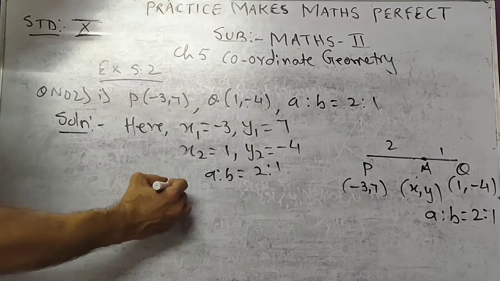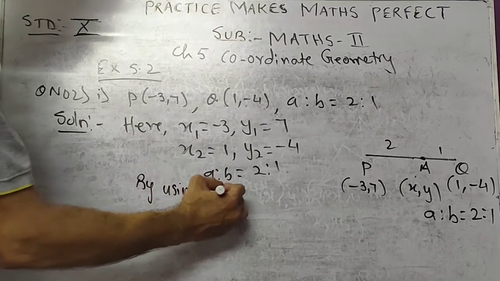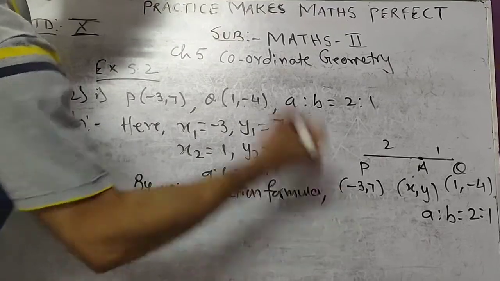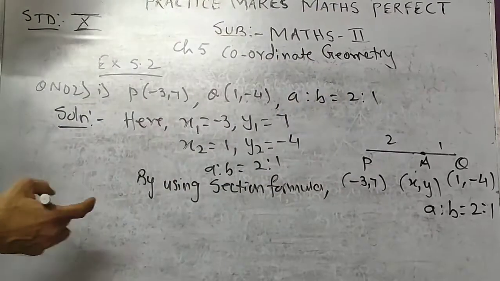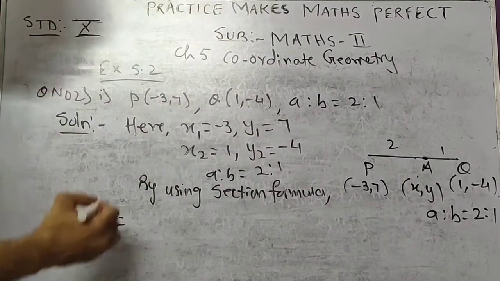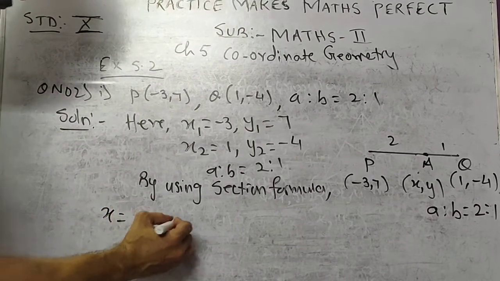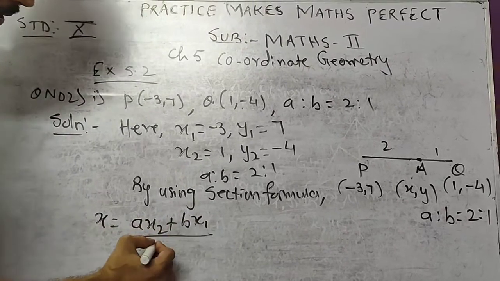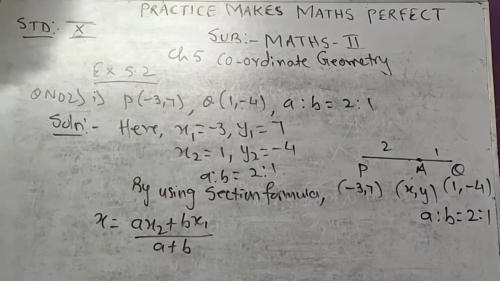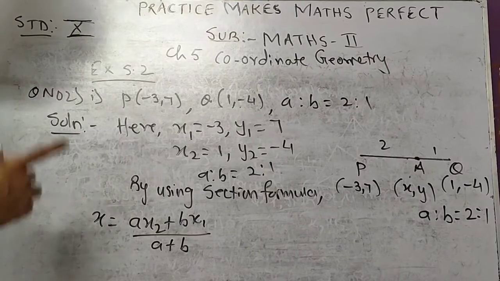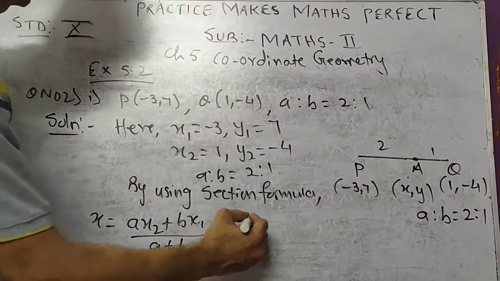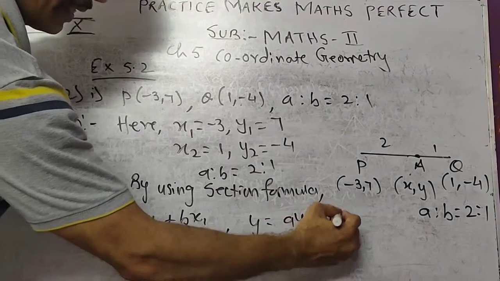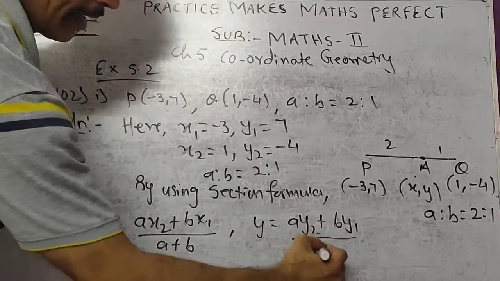By using the section formula, like this you have to write, and your formula will be x is equal to ax2 plus bx1 upon a plus b, comma, y is equal to ay2 plus by1 upon a plus b.